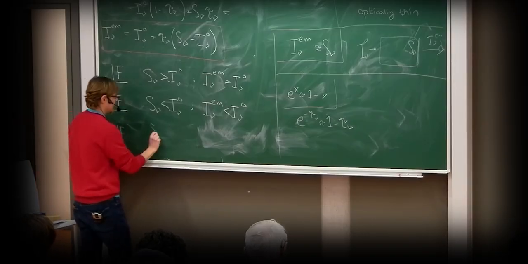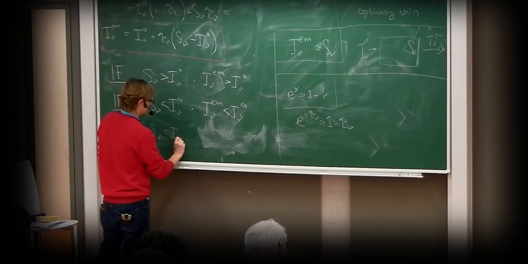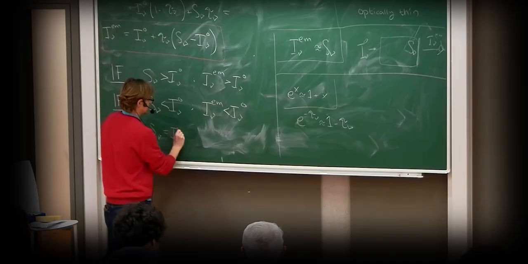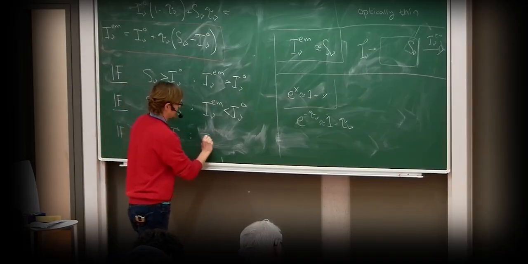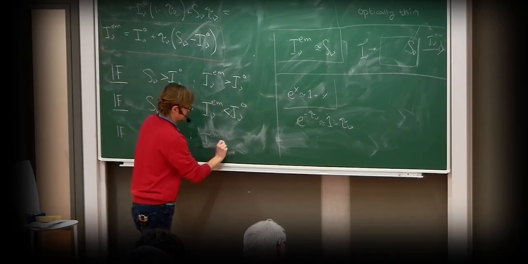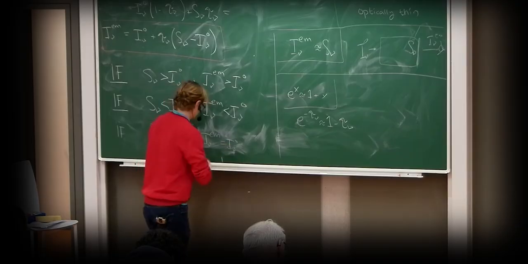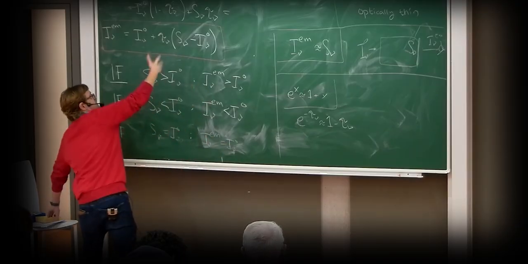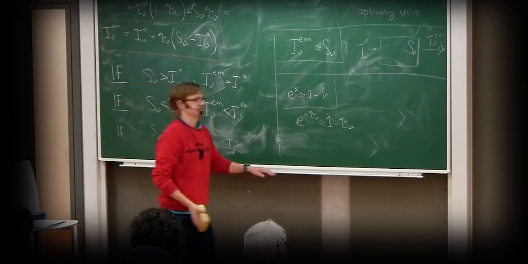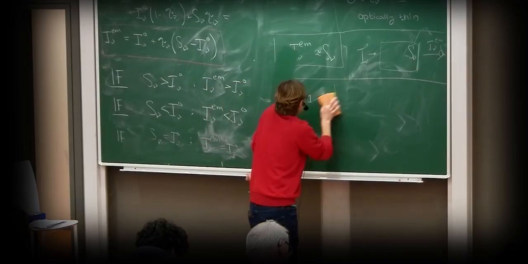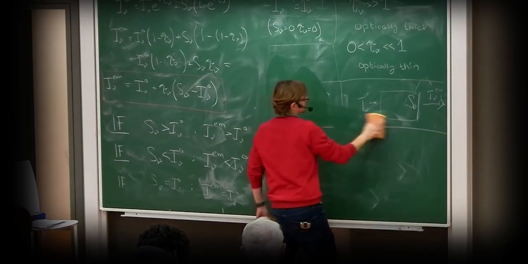If S_ν equals I_ν0, then indeed I_ν emergent will just be the incoming intensity, because we might have a source and emission, but nothing happened because our source is the same. It's a background source.